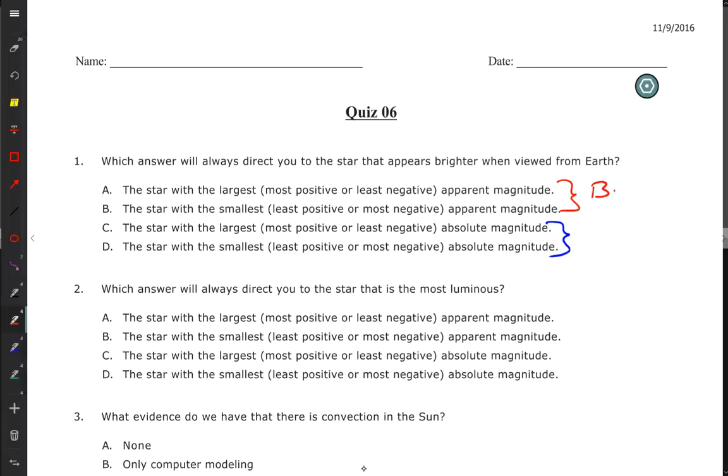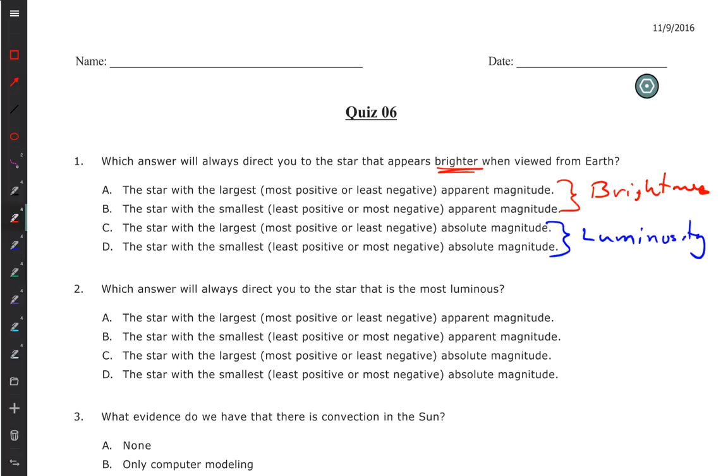So these two have to do with brightness. And these two have to do with how much total light is given off, the luminosity. So that means for part A, since question 1 asked us about brightness, which is brighter as viewed from Earth, so I'm very specific there.